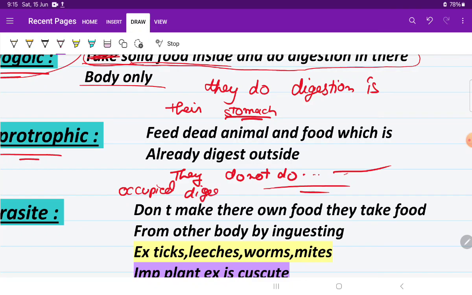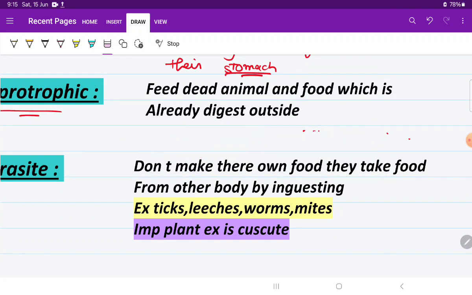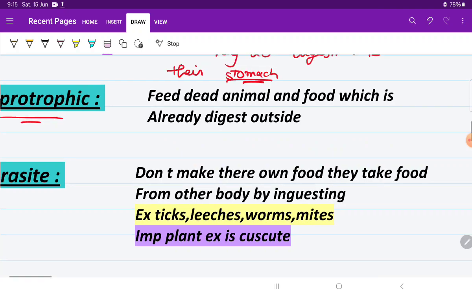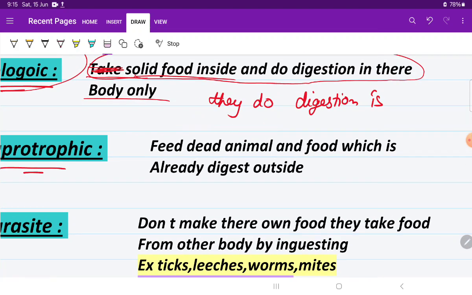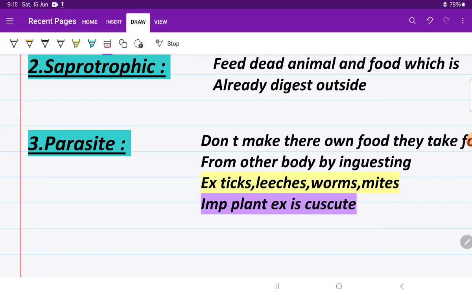I'm not wasting time on these two or three topics because they are not important. Hardly will they ask in the exam, so don't focus on this; focus on what I will tell you.